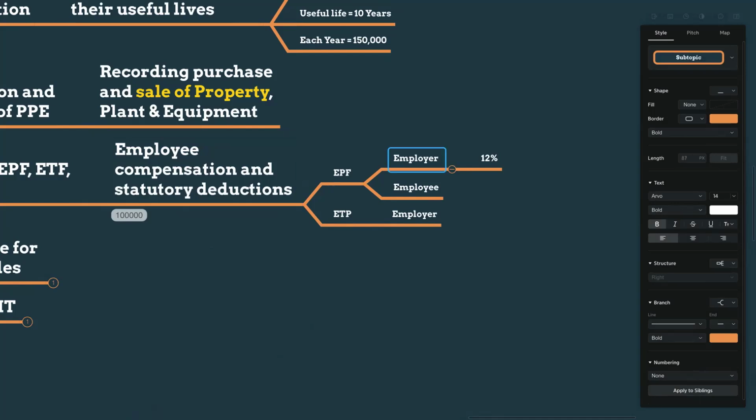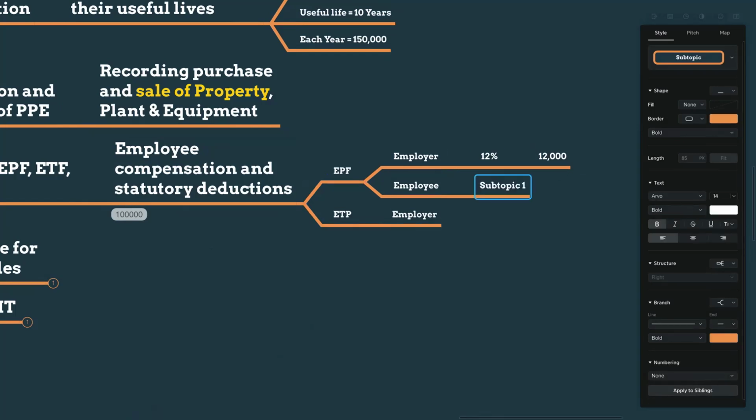If it is your gross salary, the employer will contribute 12,000, not going to deduct from your 100,000. But the employee will contribute 8 percentage. 8 percentage means 8,000 actually. So both these amounts will be sent to the Central Bank by the employer. But this 8 percentage will be deducted from the employee.